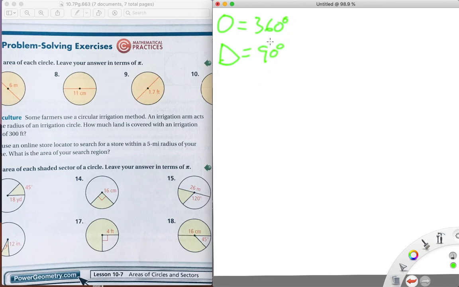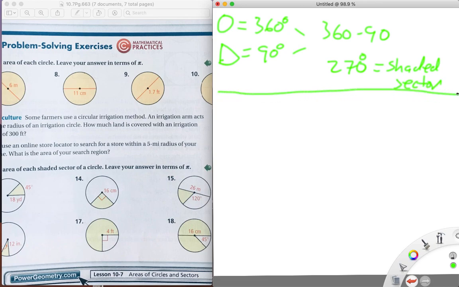So in order to find that big shaded region, all I have to do is subtract those guys. So I would subtract 360 minus 90, and I have 270 degrees. So that's going to be the big shaded region, or the shaded sector.